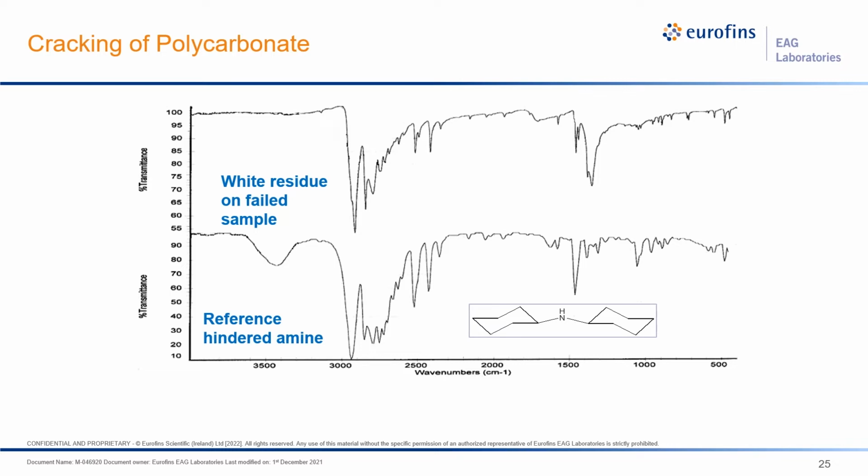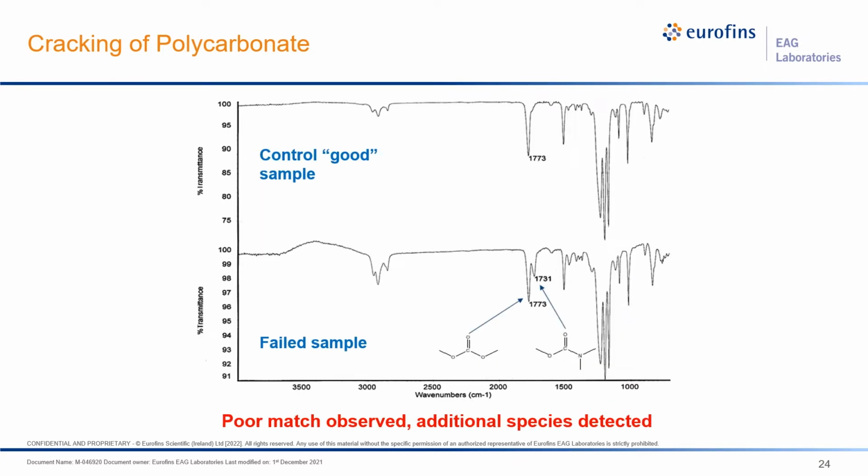So our theory is that this hindered amine caused basically the decomposition of the polymer and essentially started chewing away at the polymer, which gave rise to the peak that we see right here, which we think is due to the formation of nitrogen bonds in the polycarbonate.